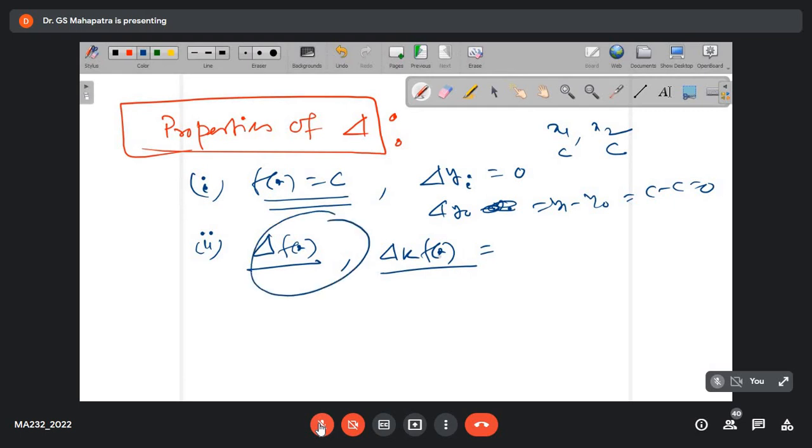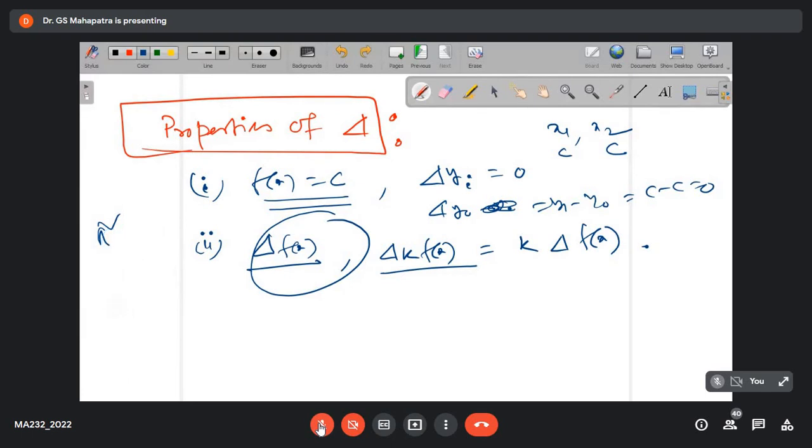The answer is k times del of f of x, so k is a constant. Fine. So if you know the differences of x square, y equals x square, there is no need to find another table for 5x square or minus 5x square. That is the scenario.